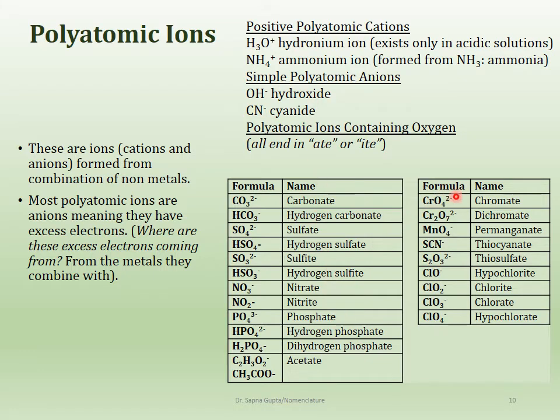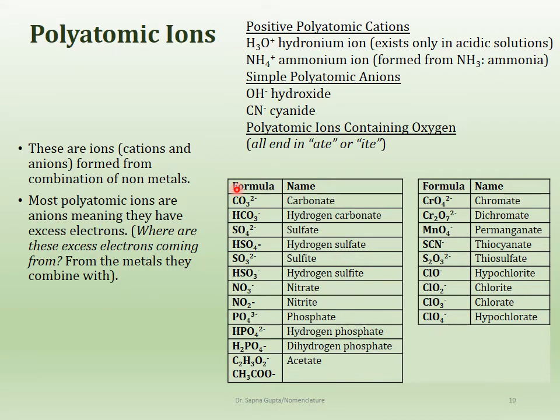All these other polyatomic ions, if you look at them, they all have oxygen in them, and they all end in ate or ite. It's all ates and ites for almost all the polyatomic ions except for hydroxide. So this is a little bit of an exception. That's why I put it separately for you. And these are the 2 only ones that actually end in ides. The rest of them all end in ates or ites.